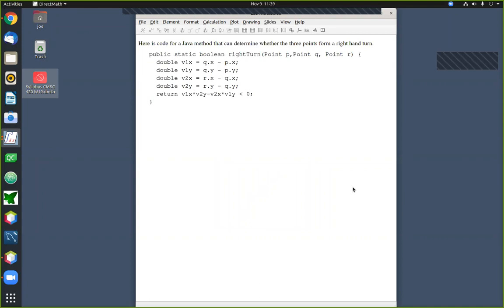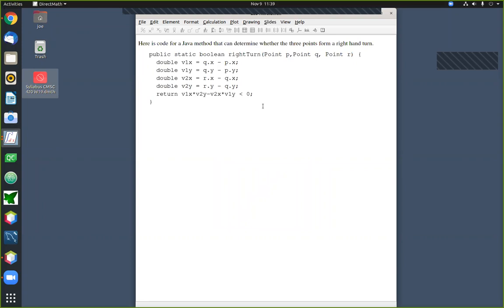All right, so here is a method in Java. It's a static method that you can use to answer this question. Given any 3 points, P, Q, and R, this will answer the question, as you pass Q on your way to R, are you going to be making a right-hand turn? And if you are making a right-hand turn, this method will return true. Right, and the method has all the logic necessary to answer that question.